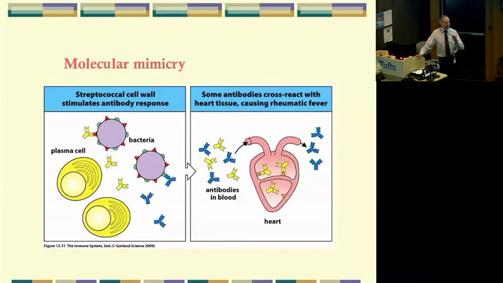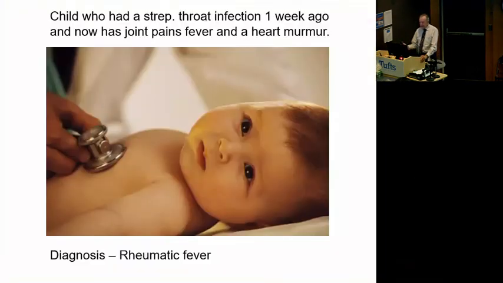Can you believe that on your heart you have the same antigen that is present on a disgusting streptococcus? Make an antibody against that tissue. I mean, it's kind of a sickening thing to think about. Here's a poor kid, listen to this, lovely child. He had a strep throat infection 1 week ago. Now he feels sick, he's got joint pains, fever, and a heart murmur.